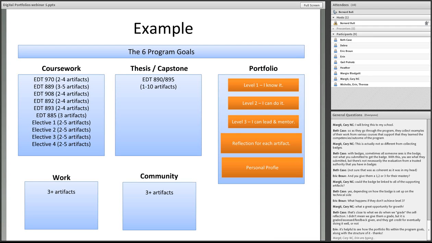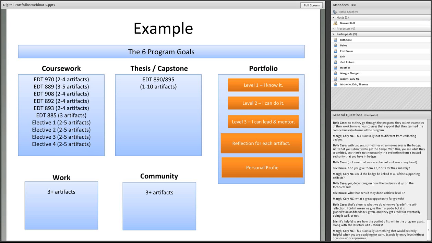Then on the right-hand side, we have the portfolio itself, where they include artifacts that have level 1, level 2, level 3, and then they also reflect about each artifact, and they include some kind of personal profile, almost like a resume. The neat thing about this is that many of the learners can use this portfolio for multiple purposes.